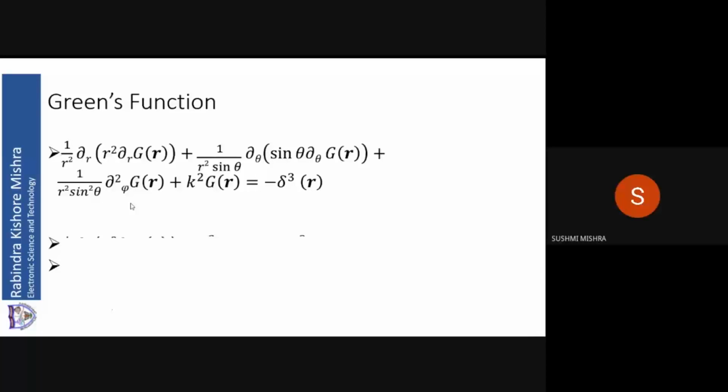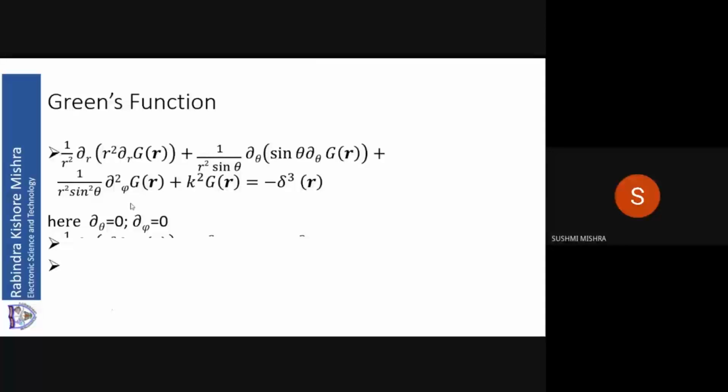Now here we are independent of theta and phi, which means dou by dou theta is equal to 0 and dou by dou phi is equal to 0. Let me explain why.